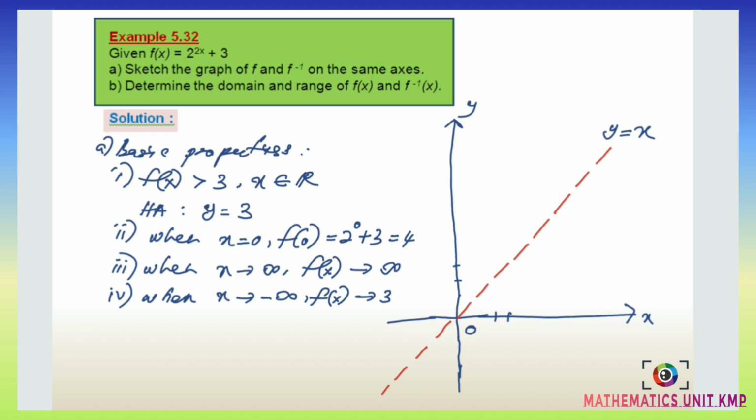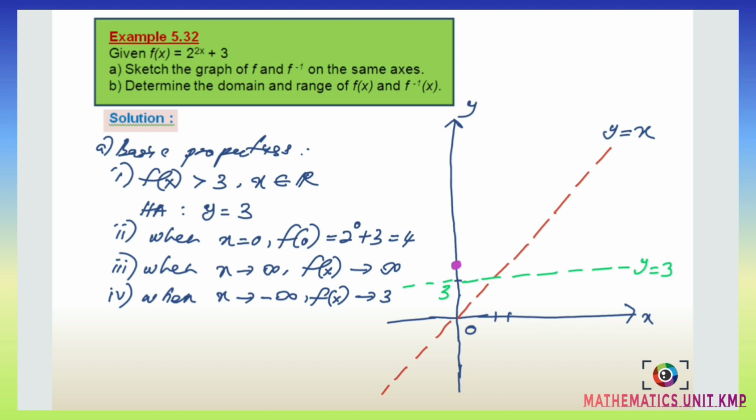Next, we sketch the exponential graph. First, the graph has a horizontal asymptote y = 3, and the graph intercepts the y-axis at 4.